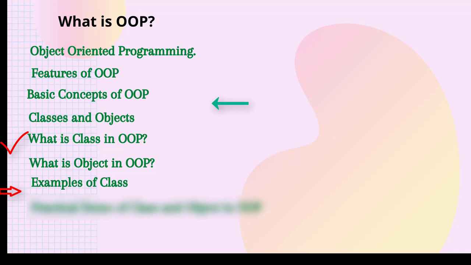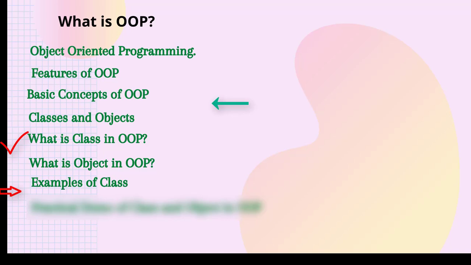These are the attributes of a car. And what are the functionalities of a car? A car can move. A car can start. And we apply the brake when we want to stop the car.